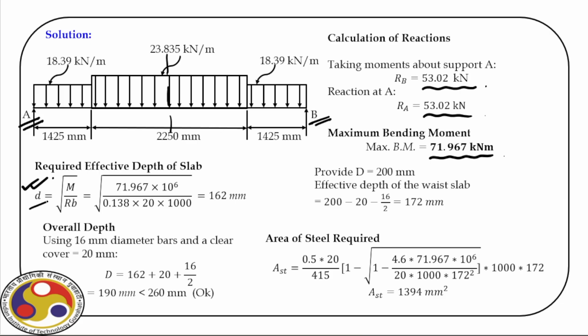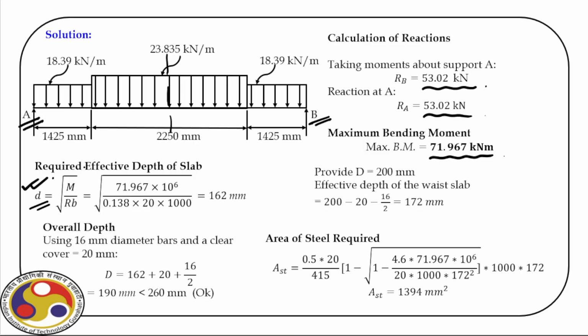Once we get the maximum bending moment, we can find out the depth. This is familiar to you. So you can find small d, the effective depth, which is the square root of M by R times b. Depending upon the type of concrete and steel that we use, accordingly we can design.